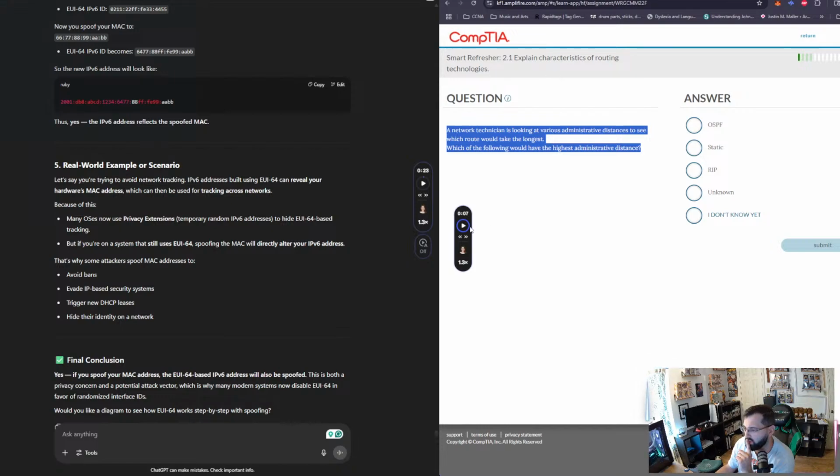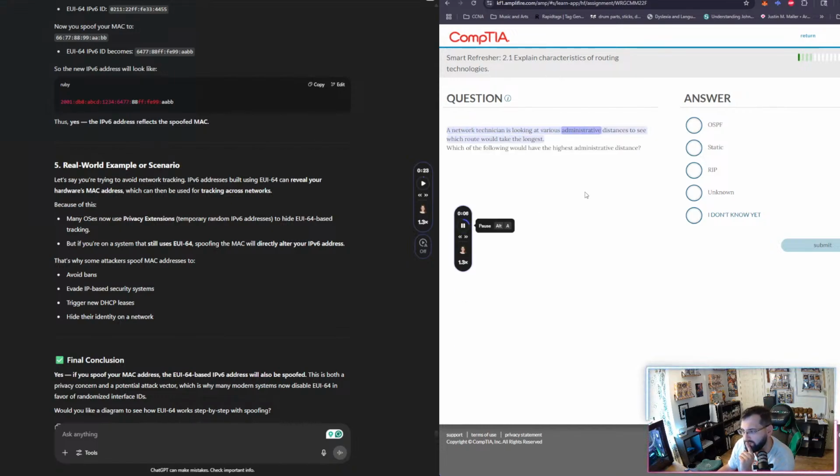This is a good review sesh. A network technician is looking at various administrative distances to see which route would take the longest. Which of the following would have the highest administrative distance? An administrative distance is the amount that data has to travel between two offices, I think.